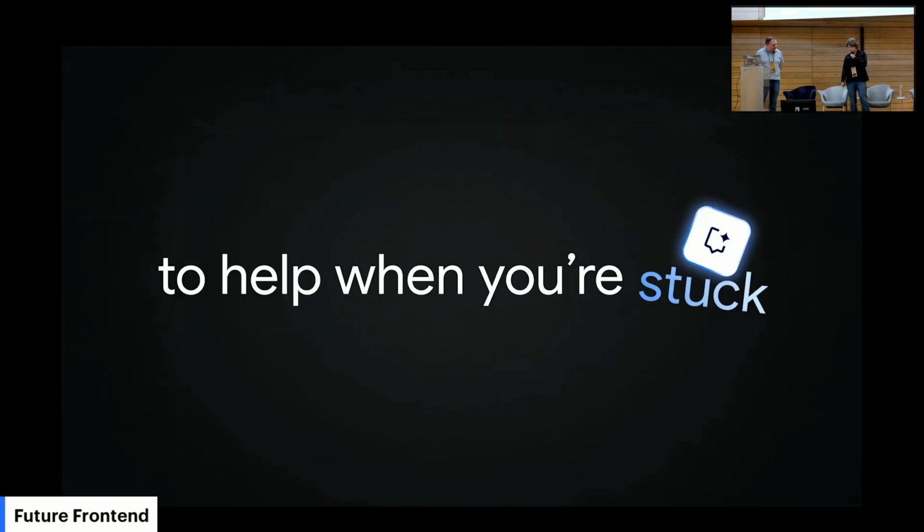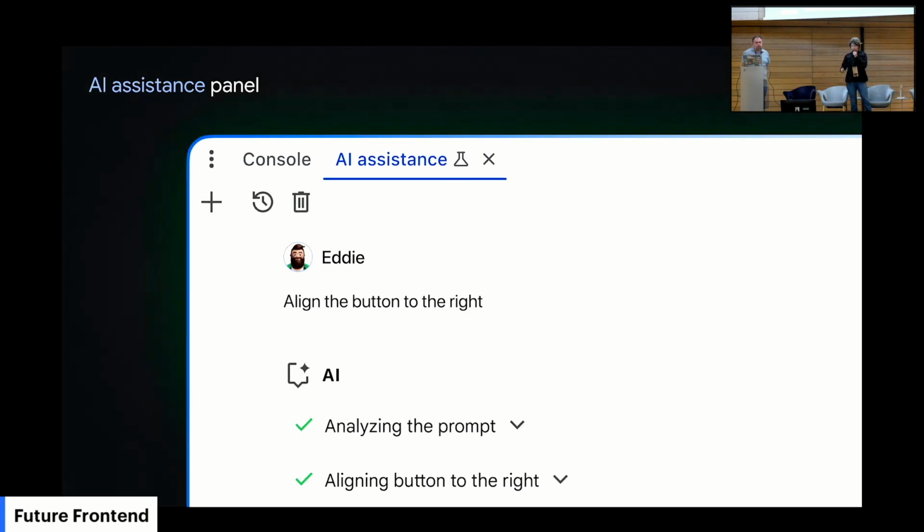Okay, so we will start with the feature that we recently built into DevTools to help you when things get hard when debugging websites. AI-assisted coding is really getting popular among developers.